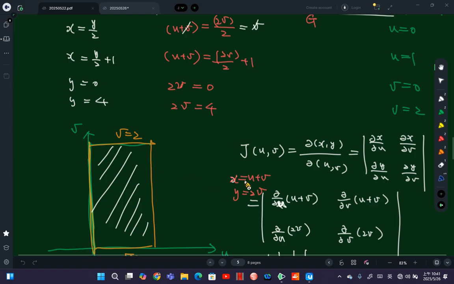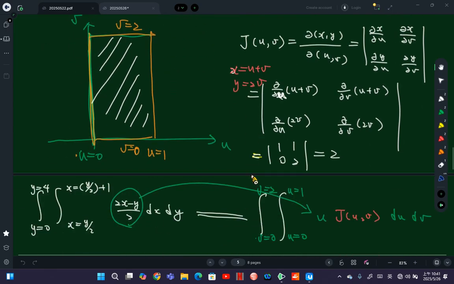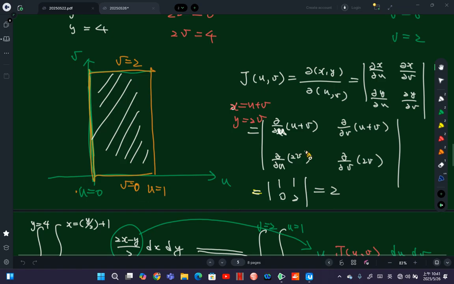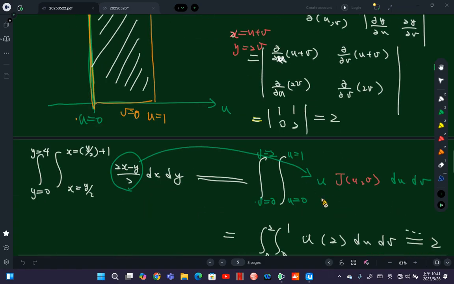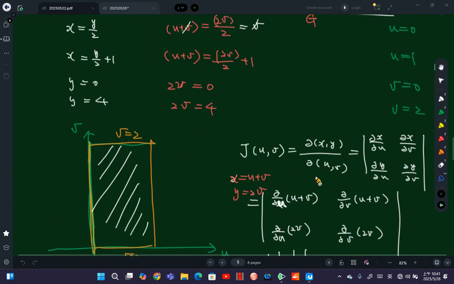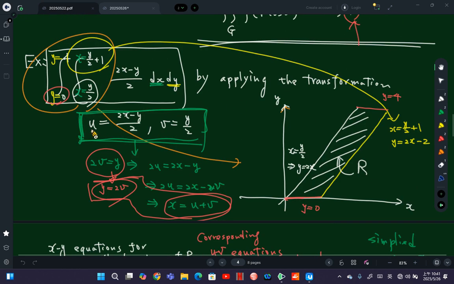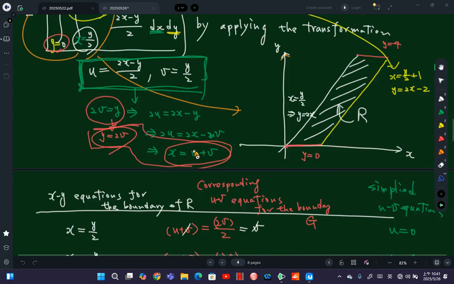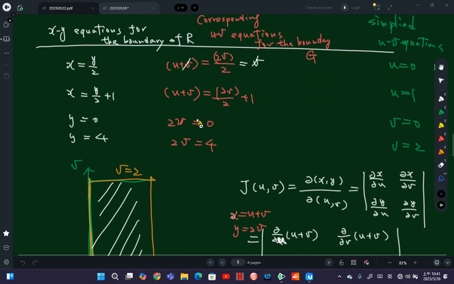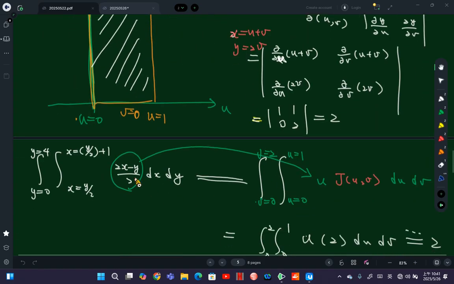And then you should try to establish the new integration. Because right now you already use u to replace 2x minus y over 2. So the original integration form is this one. Through the conversion, you will simplify it as u.